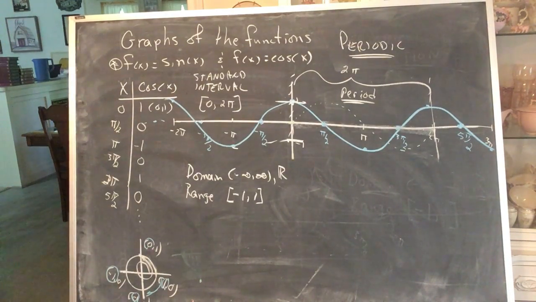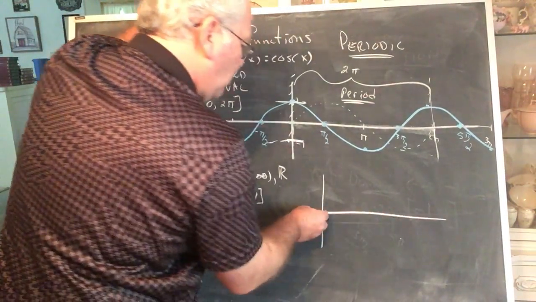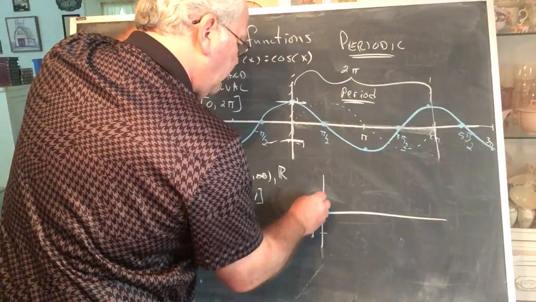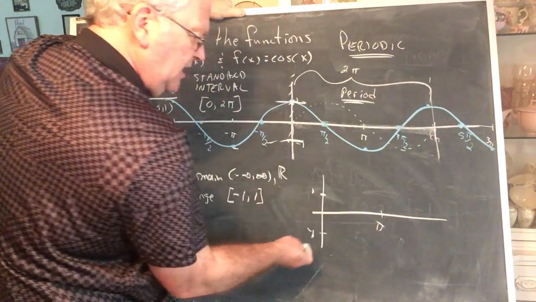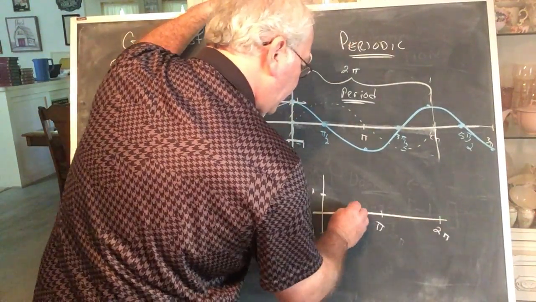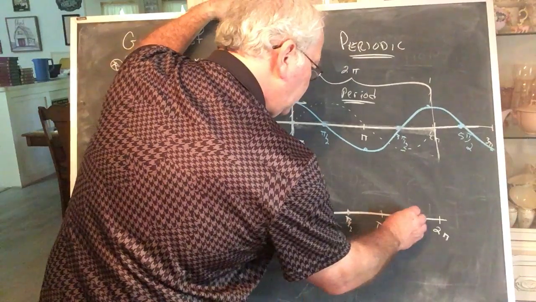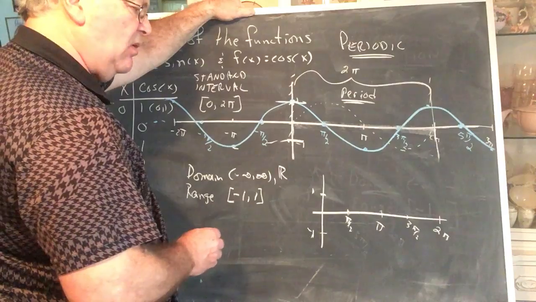All right? Now, if we are going to draw just one period, here's -1, here's 1, here's pi. Again, that's approximately 3. Just make a rough approximation. This is 2 pi, pi over 2, 3 pi over 2. And you draw in the 5 standard points.